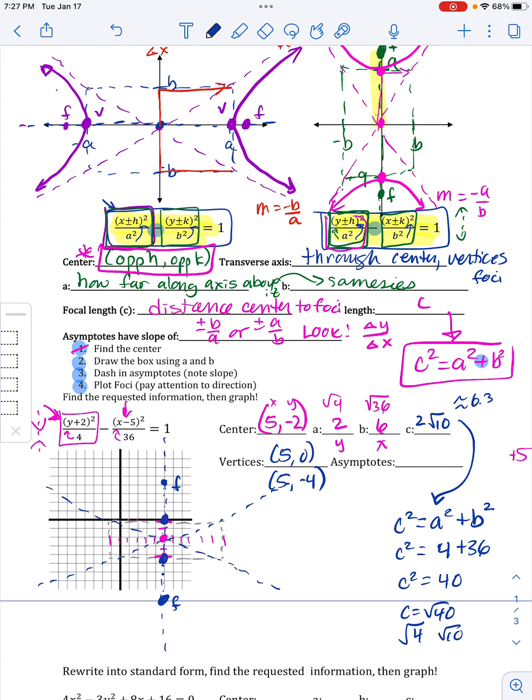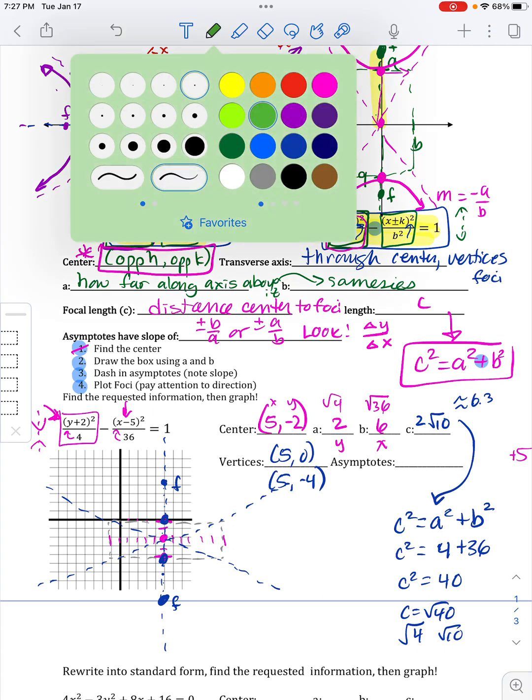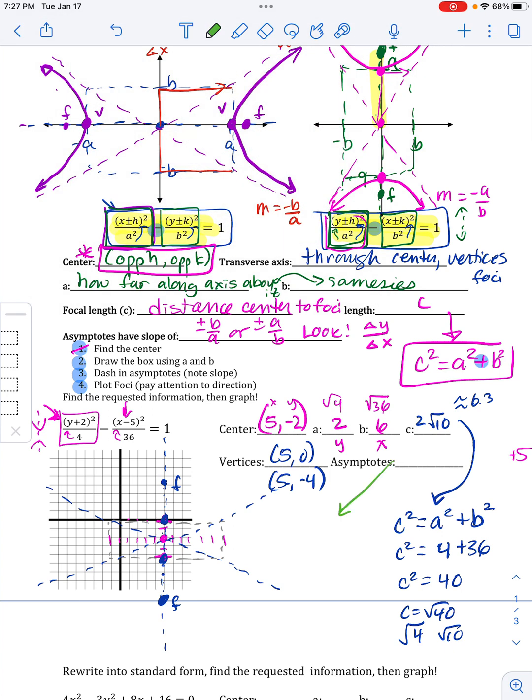What about the asymptotes? This goes back to the note at the very top of your paper. I'm going to need y minus the y component of my center, because they both go through that, equals m. So let's figure out what that is. I'm going to write the equation here so we can see it.